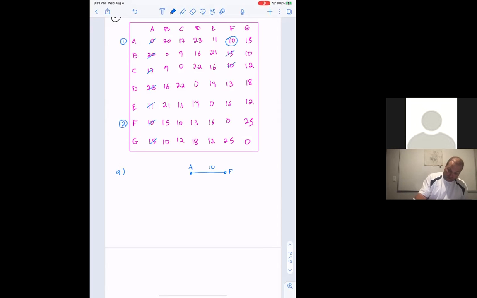I then cross out everything in F. And then in A and F, I see a 10 right there. That's F to C. So C is third choice. Cross out everything in C. And now look in those 3 rows, I see a 9. C connects to B with a 9. So B is fourth choice.